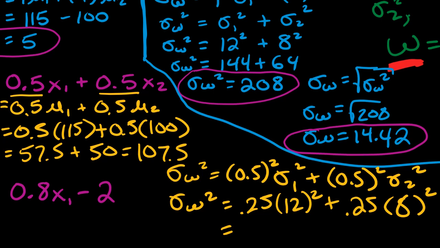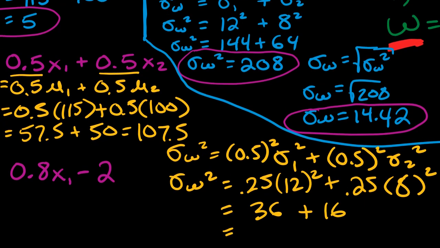I think you get 52 when you plug this into a calculator. Or in other words, I think it's 36 plus 16, which is 52. Okay, so sigma W squared, so the variance of W is 52.